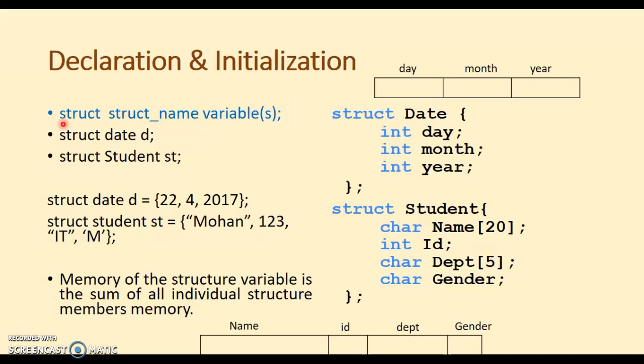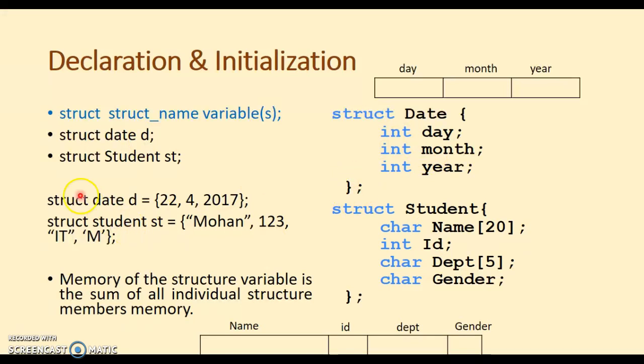For example, this is a date structure with day, month, year. We can declare a date type variable like this: struct date D. Here D is a date type, struct type variable.